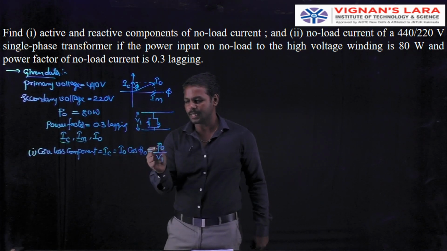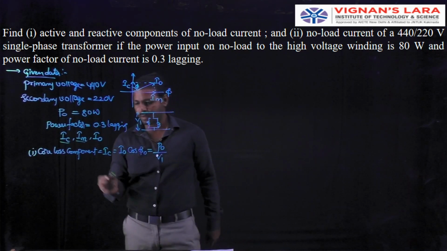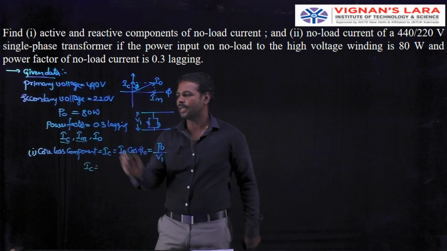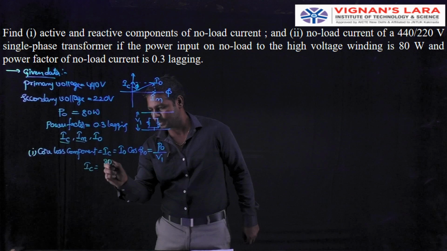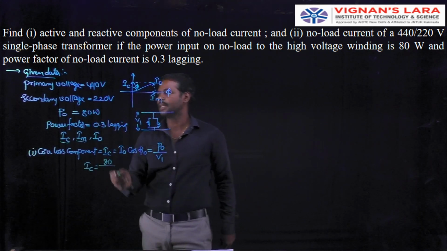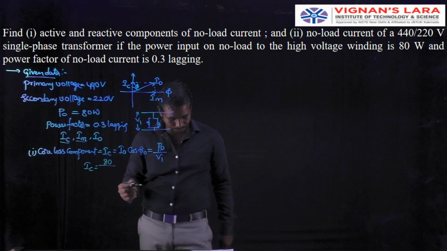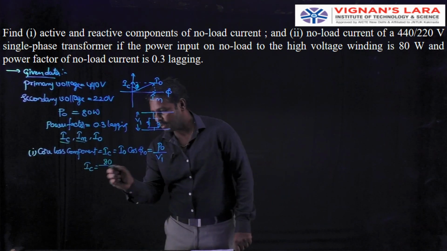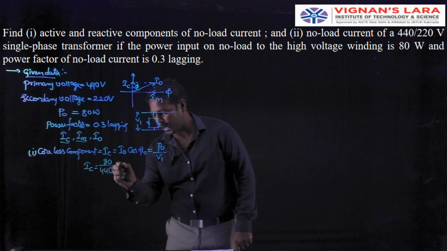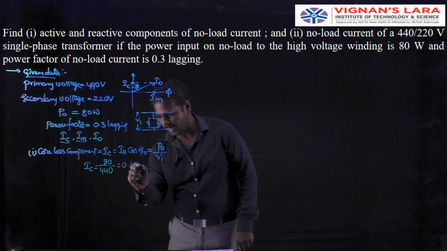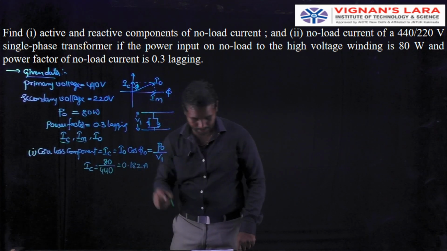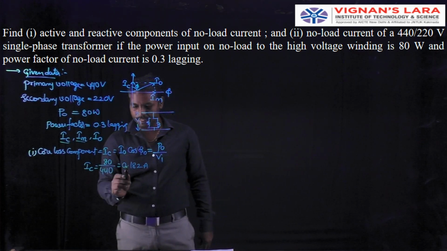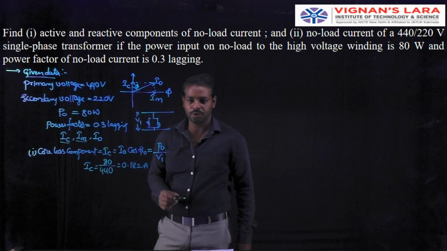So IC is equal to P0 divided by V1, which is 80 watts divided by 440, equal to 0.182 amperes.